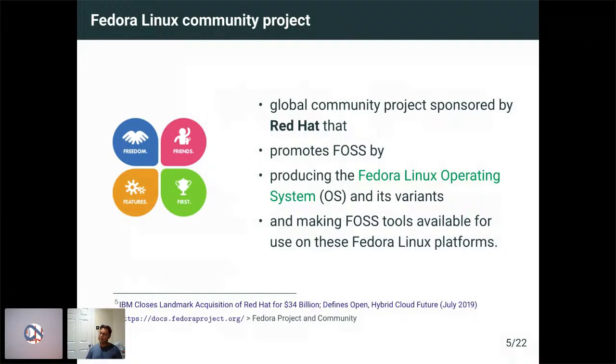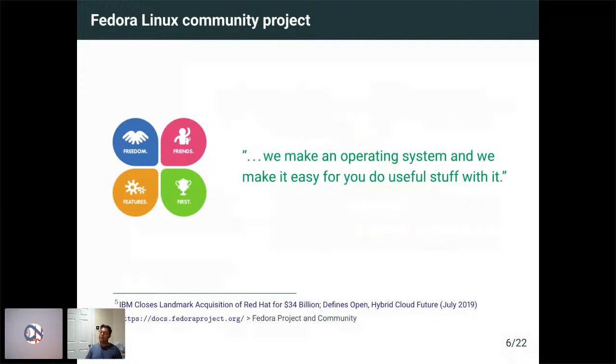And the idea is that it's not enough to just have an operating system. People have to be able to do things with it. People have to be able to work on it. And that's why, in a short snippet, the goal of the community is to make an operating system and to make it easy for users to use it for whatever purpose they want. So it doesn't have to be science. It doesn't have to be something technical.